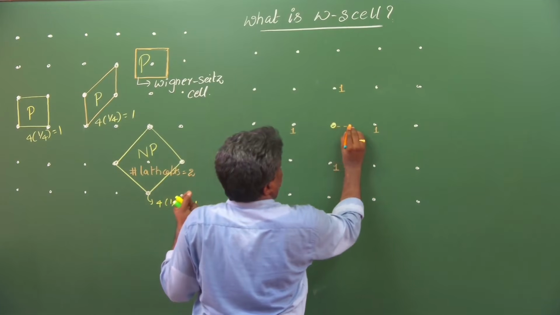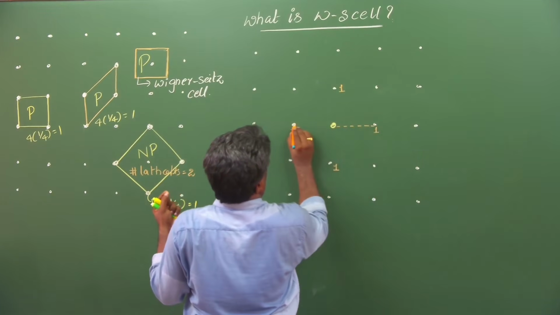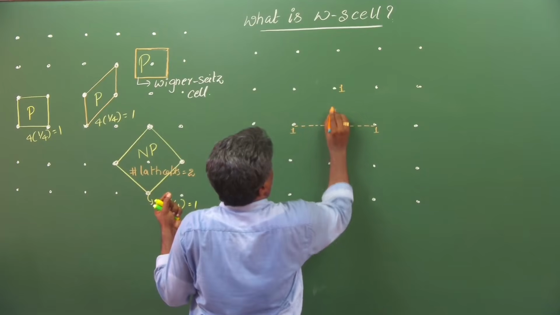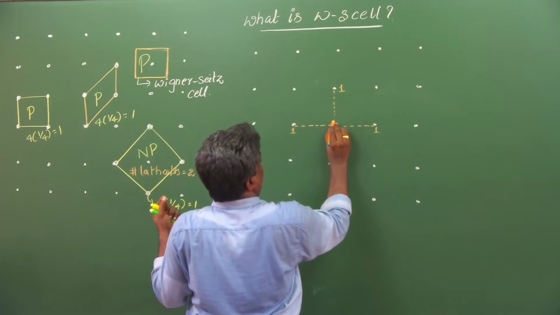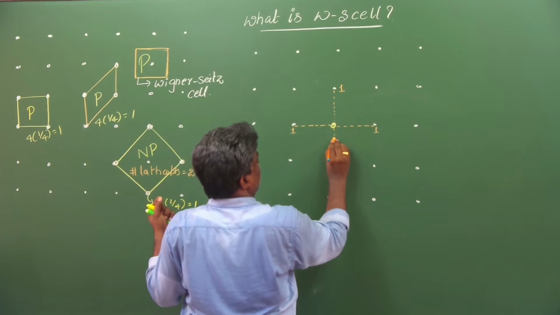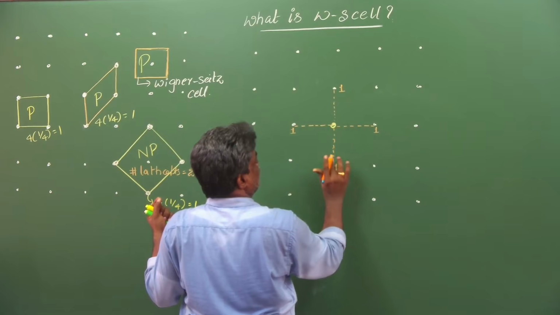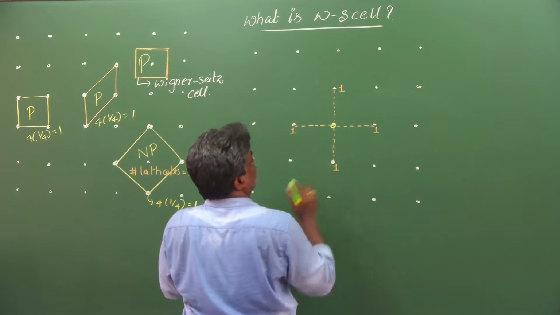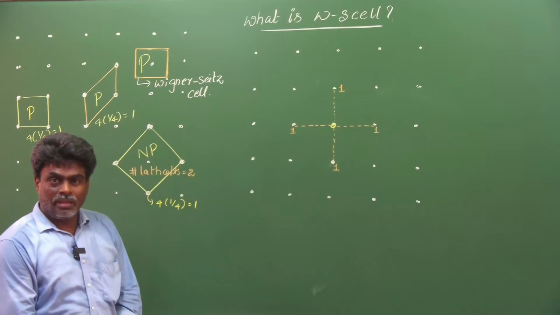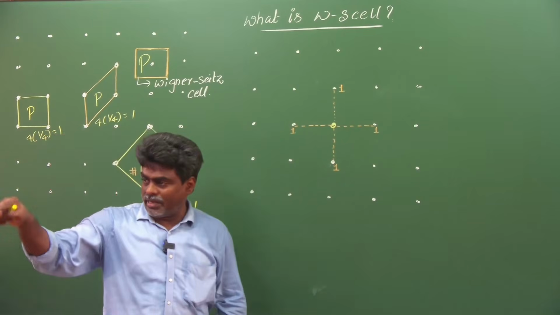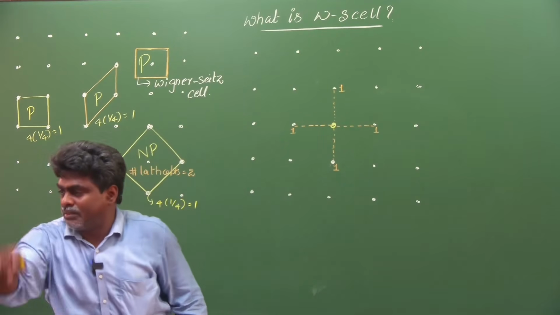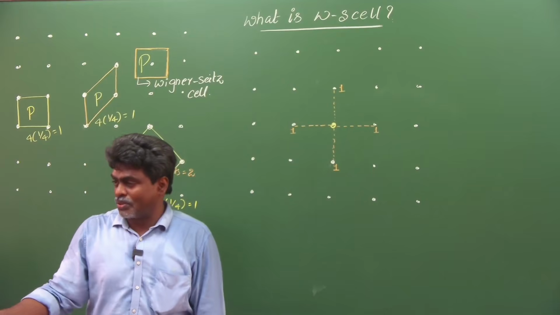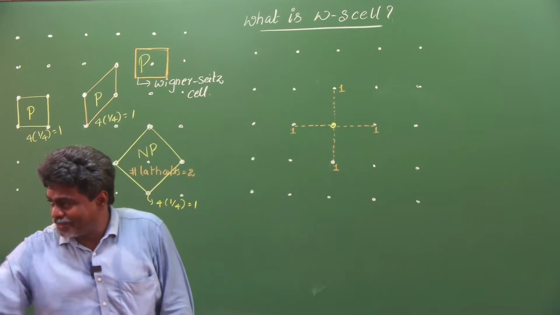I just join these with imaginary dotted lines. Just the first nearest neighbors, your roommates only. I just join those.